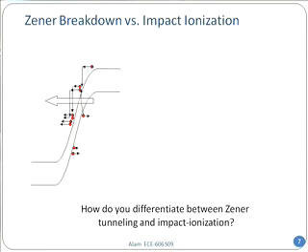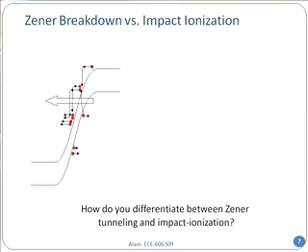On the other hand, impact ionization is a horrendous thing going on. Electrons and holes are being generated. So on the output side, even if you have the same amount of current, you will see impact ionization has significantly more noise. And as a result, that tells you whether this is impact ionization versus Zener tunneling.